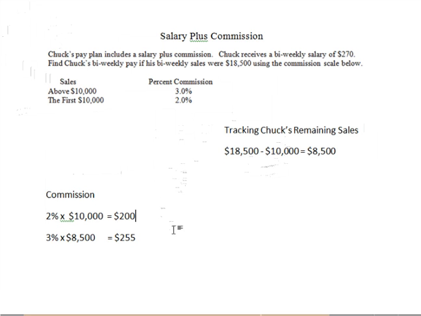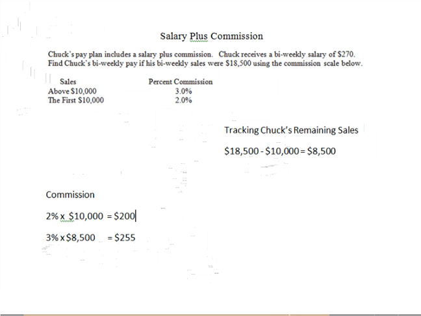So we can compute the amount of that commission by taking 3% of $8,500, and that turns out to be $255. Finally, Chuck receives a biweekly salary of $270.